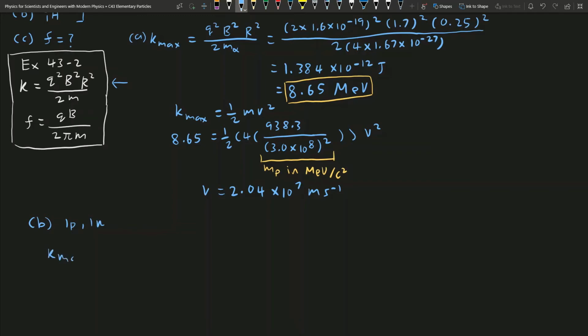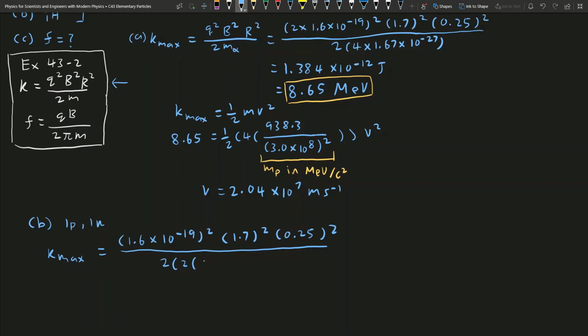So K max will just equal, here only one proton, so 1.6 times 10 to the negative 19, squared, and this is 1.7 squared, this is 0.25 squared, over 2 and 2 multiplied with the mass number. The total is 2 multiplied with the mass of the proton.